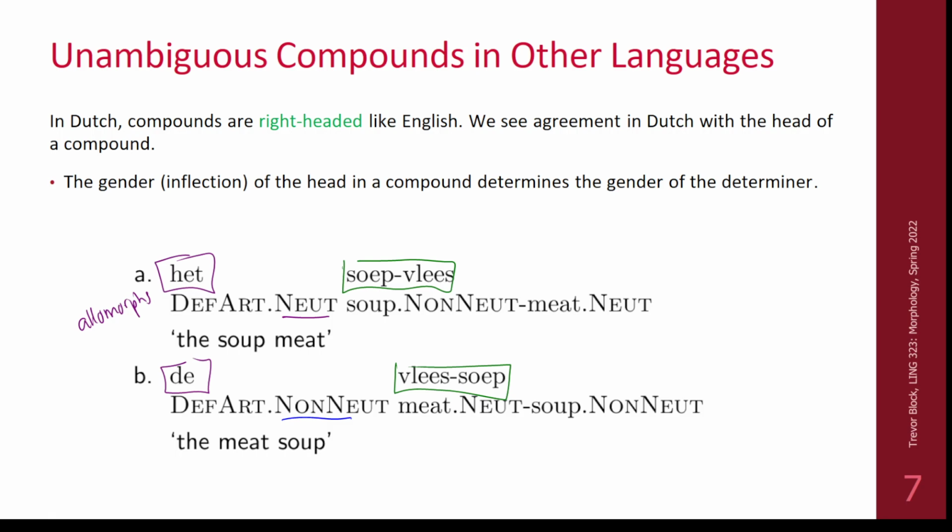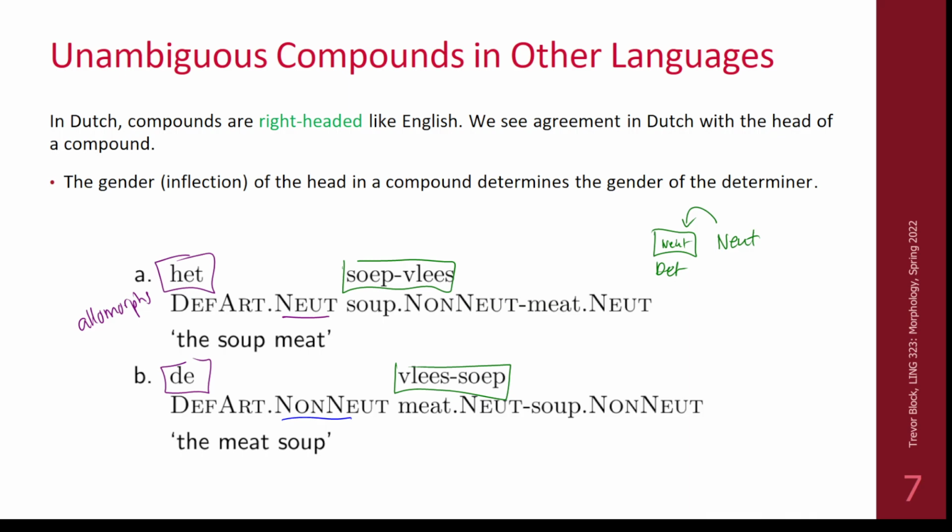Now in Dutch, it is the head of a compound that agrees with other things in the sentence. So there's agreement with gender in Dutch. So if there's neutral gender on the noun, then the determiner is determined by that gender. So this should also be neutral, and same if it's non-neutral.